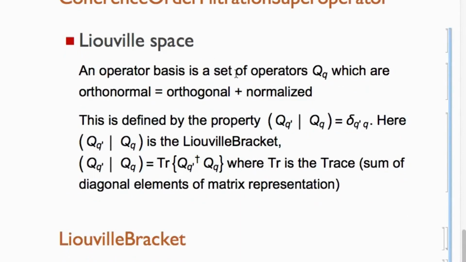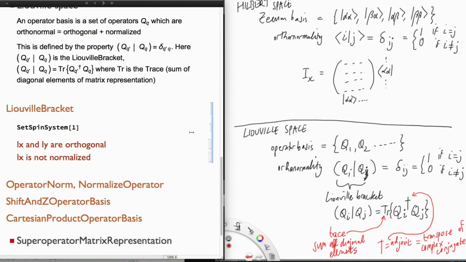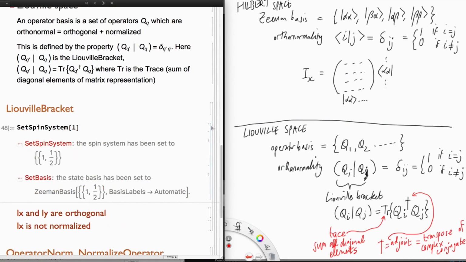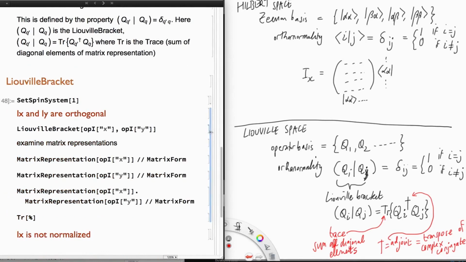So just to repeat then, an operator basis for Liouville space is a set of operators which are orthonormal, which means they're orthogonal and also normalized, which is defined by this Liouville bracket. And SpinDynamica contains a Liouville bracket routine. So for example, if we set the spin system to a single spin half again, we can take the Liouville bracket between Ix and Iy.